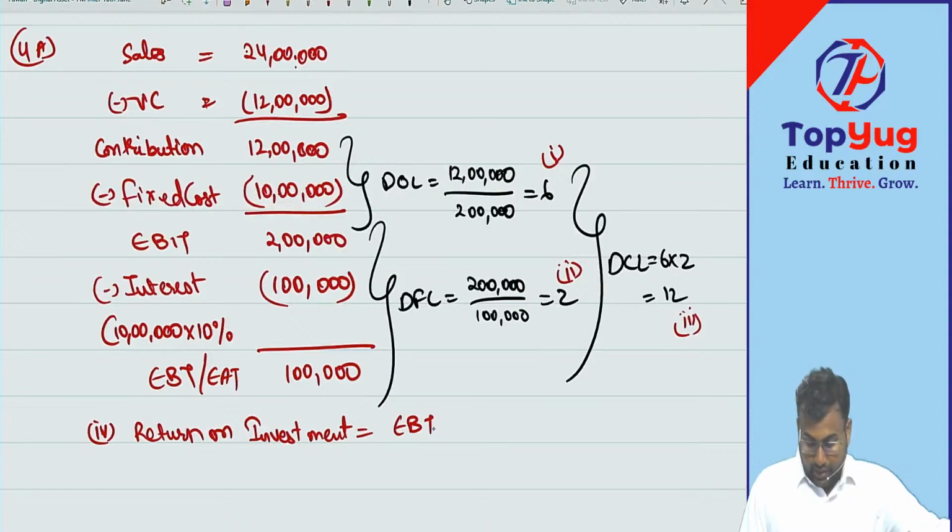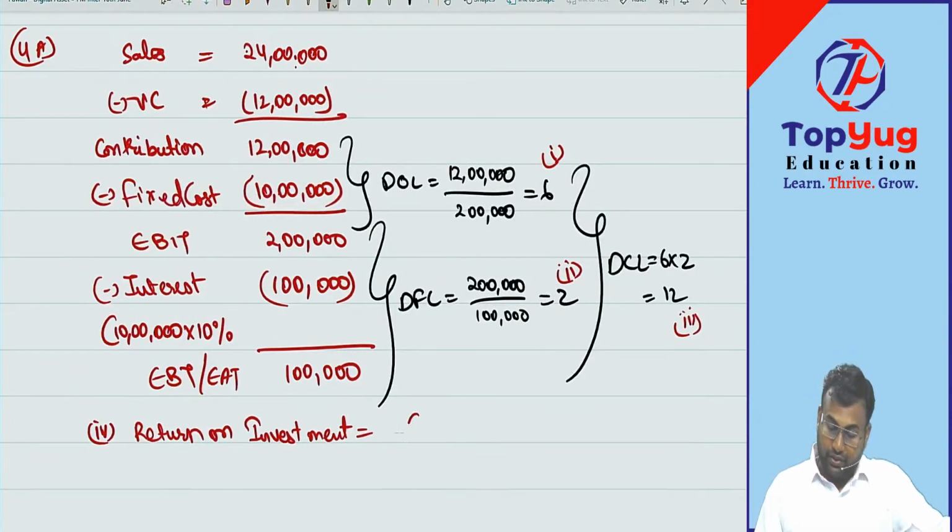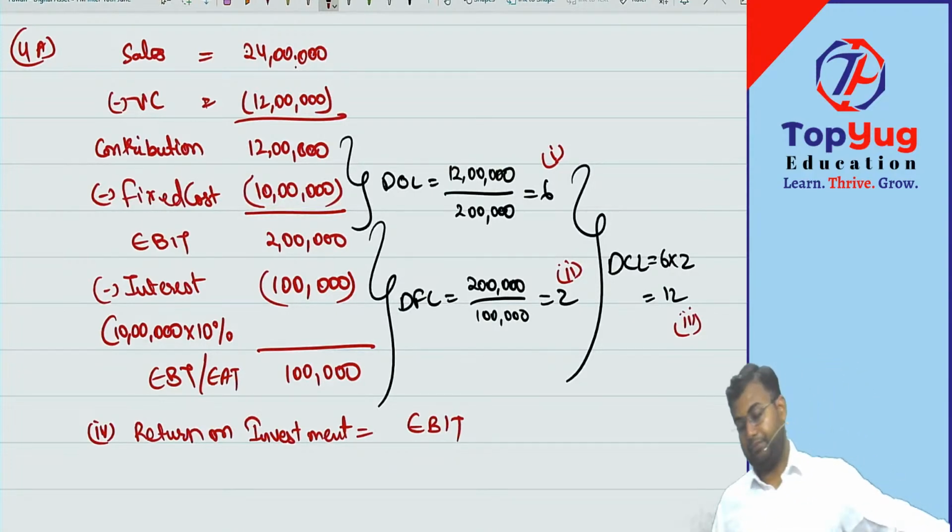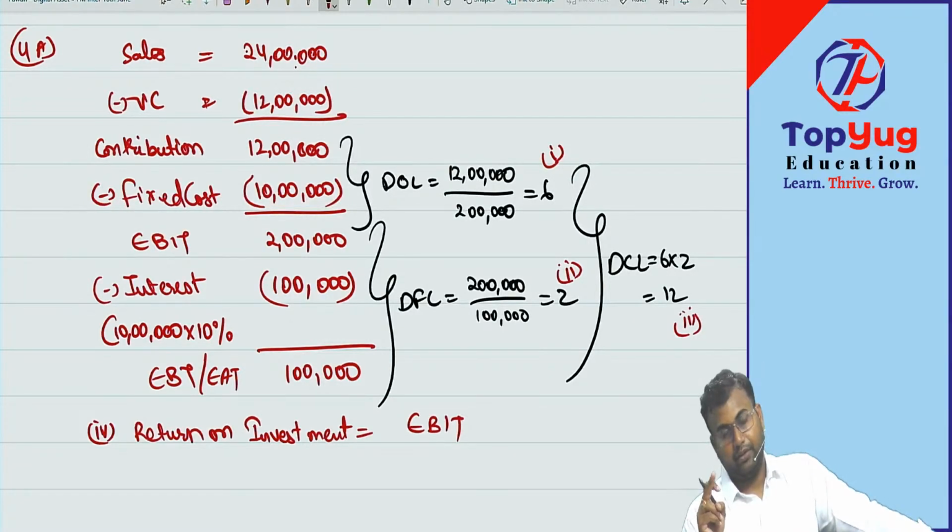For equity, we are generating 1 lakh at the EBT level.